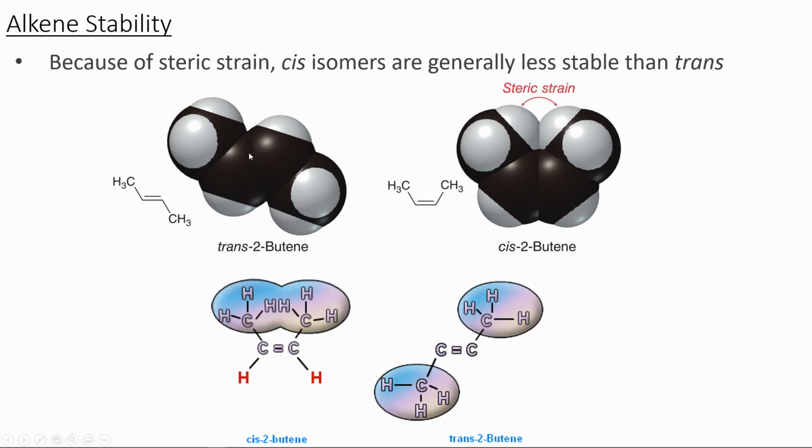Because of the sterics of the two methyl groups overlapping with each other, cis isomers are going to be less stable than trans isomers. There's a couple of different ways to visualize this, but more or less these two methyl groups are going to clash with each other in space and destabilize the cis alkene.